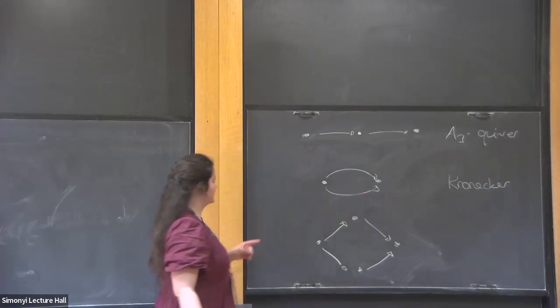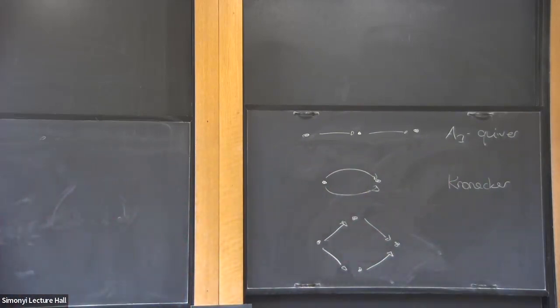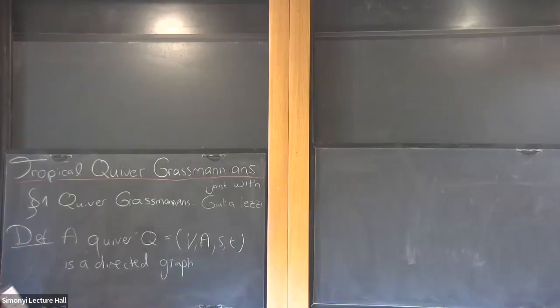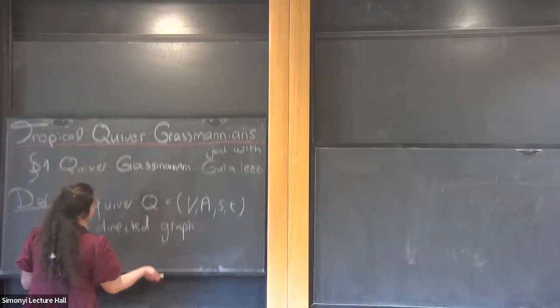So from my examples, you already see that for quivers, we allow pretty much all kinds of nastiness in our graph theory. We allow to have parallel edges, we allow to have loops, and these things all have meanings. So now from this combinatorial object to get to something algebraic, what we do is we associate algebraic information to this combinatorial data.